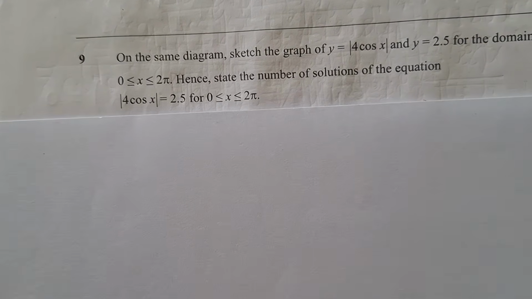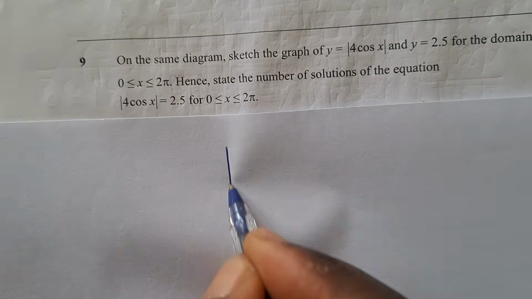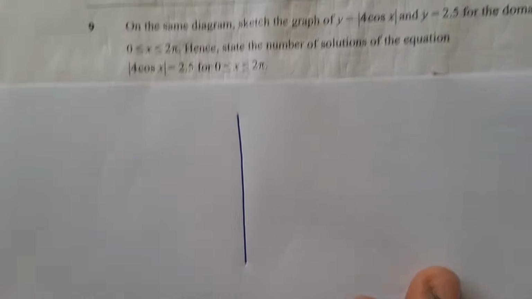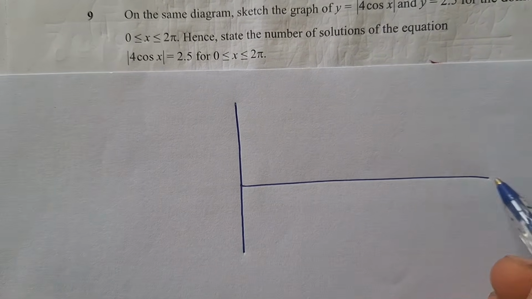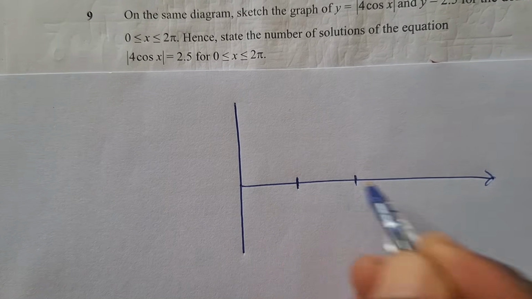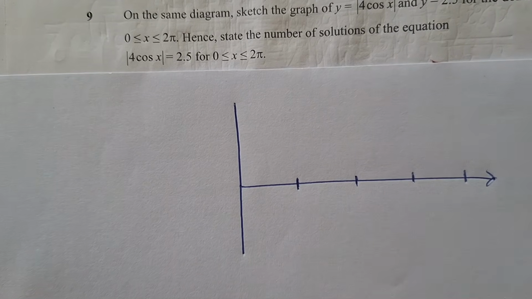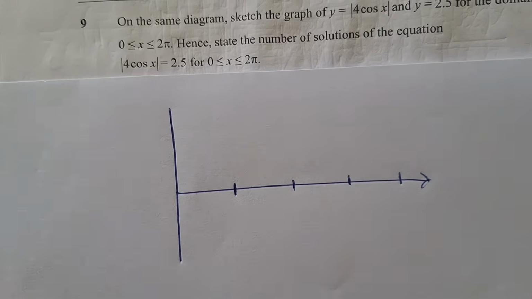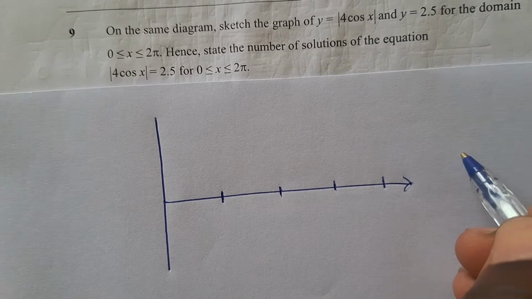So to graph this, you're of course going to do this, okay? So here you do 4 partitions, and then you identify your period.